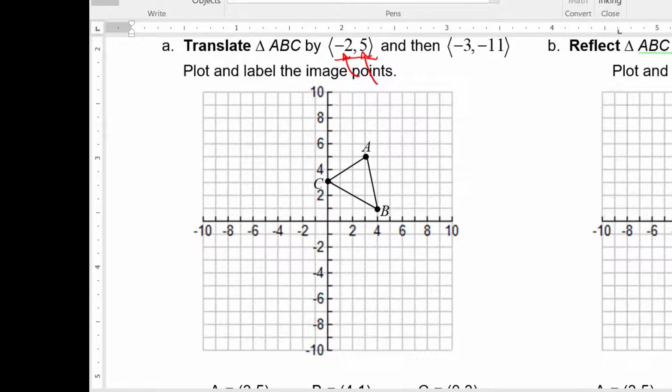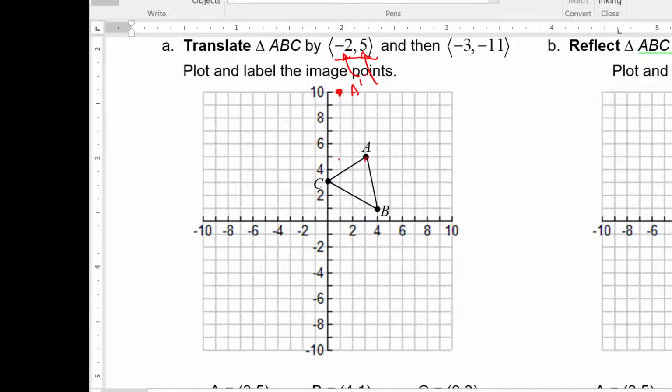So for example, I'm going to take point A, go to the left 2, and go up 5. And this is my first point here, my A prime.